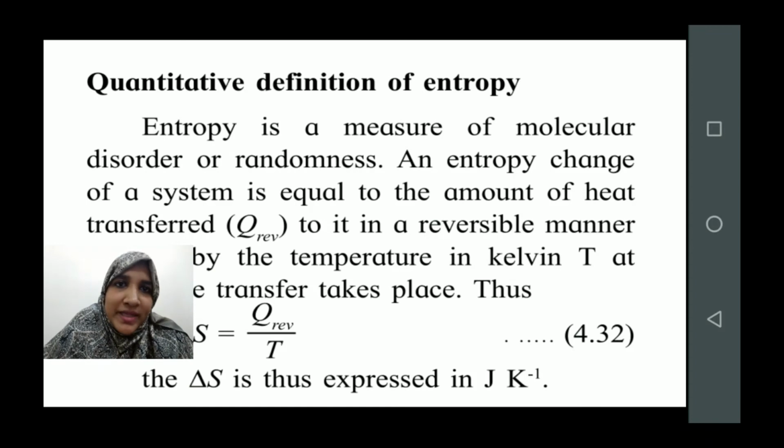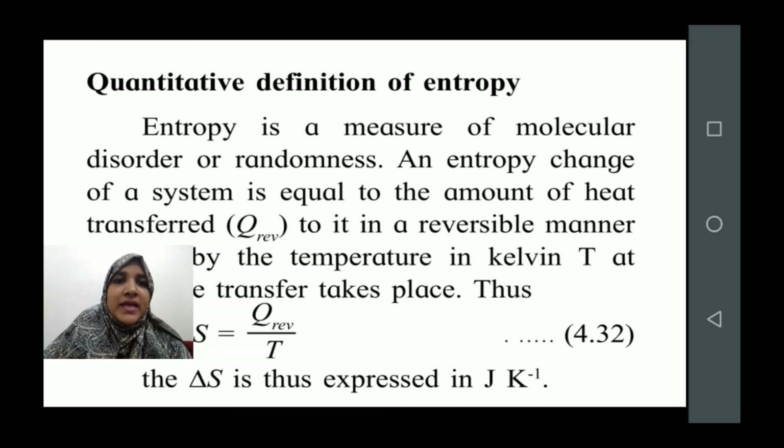So when heat is added, the energy of the system rises and the disorder of the system also increases. In the same way, if heat is removed from the system, the energy which was present in the system is removed, so the system's energy will get lower. The particles will now have less energy and do less motion. Thus there will be less disorder and the entropy of the system will decrease.